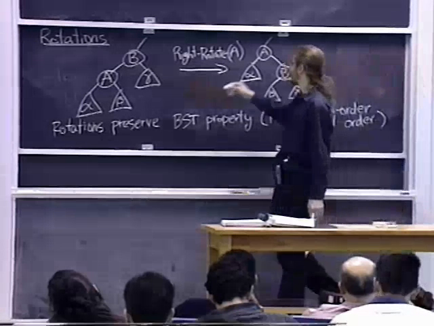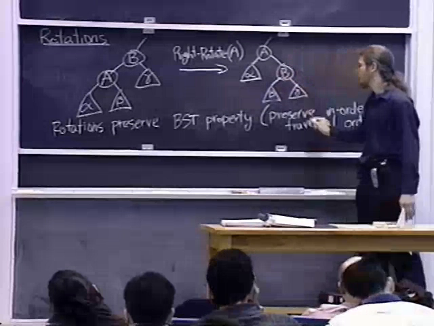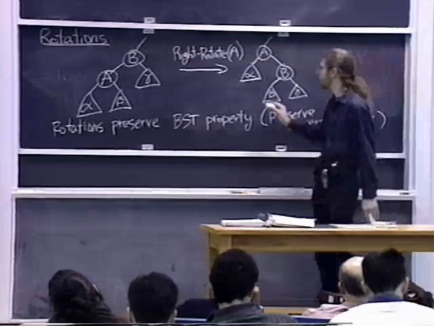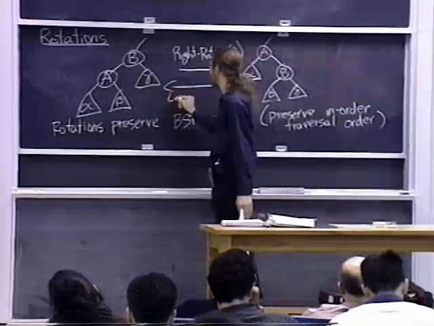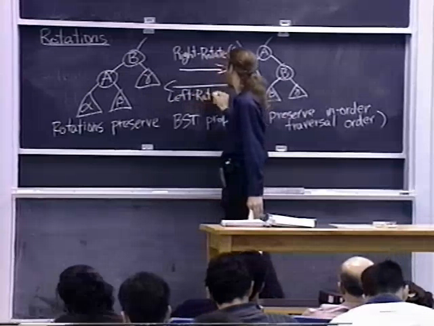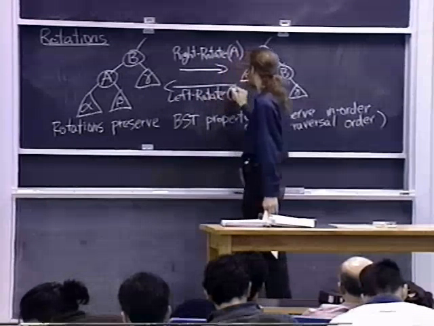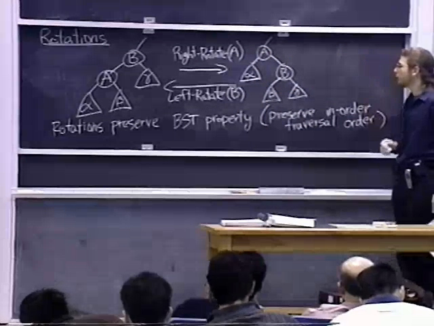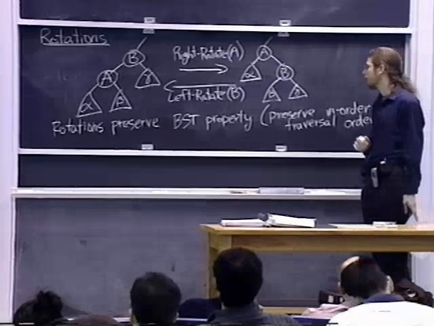And you can check you'll get them in exactly the same order. So that's equivalent. So that's good. We could also go in the other direction. It's called a left rotate. It's more or less arbitrary at this point. If we're not worrying about colors, then we can just do this. If we just want to maintain that it's a binary search tree, we can do either of these operations.